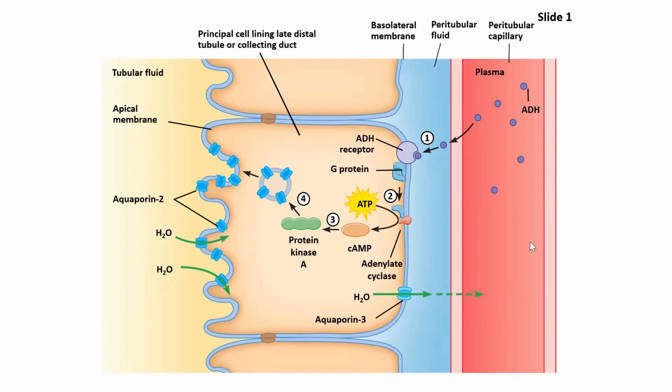And this is how we reclaim water from the tubular structures, because it would otherwise be lost in the urine, right? And because we don't want that, we help to reabsorb it back into the vasculature. Okay.